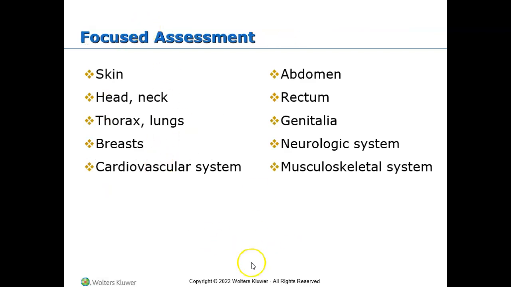Our focused assessments. Skin, we said, is the largest organ. It tells us a lot about a person. So we want to do a very detailed assessment of our patient's skin so that we can see if we have concerns with nutrition, if we have existing injuries that need to be addressed, or if we are at risk for injuries.